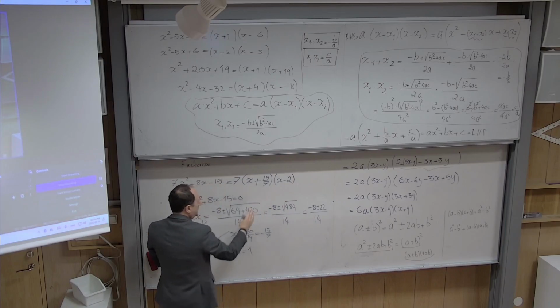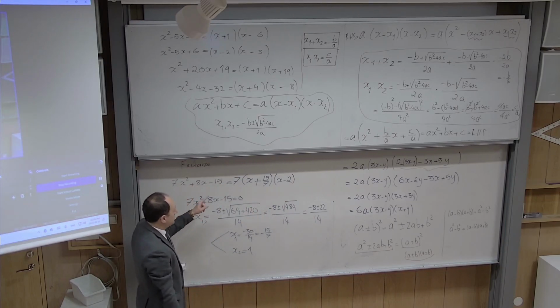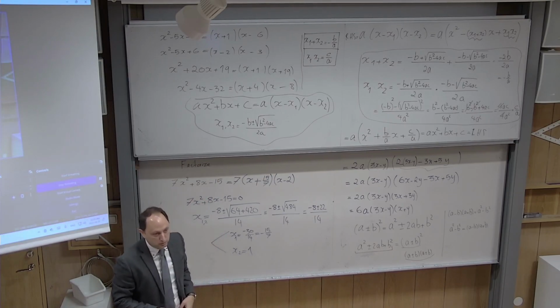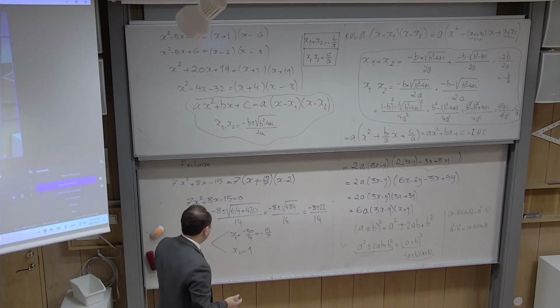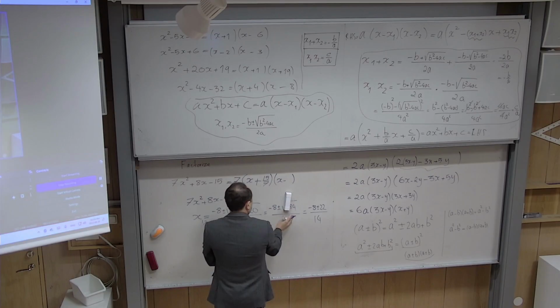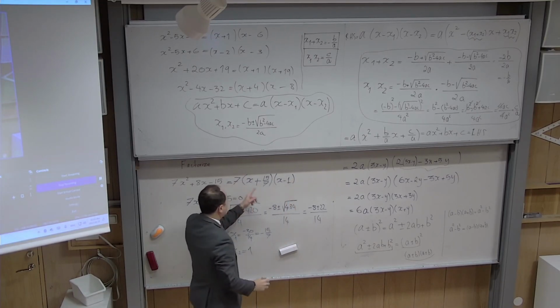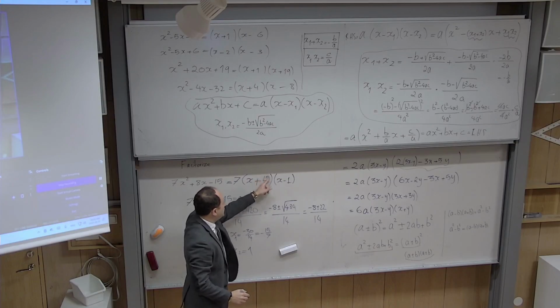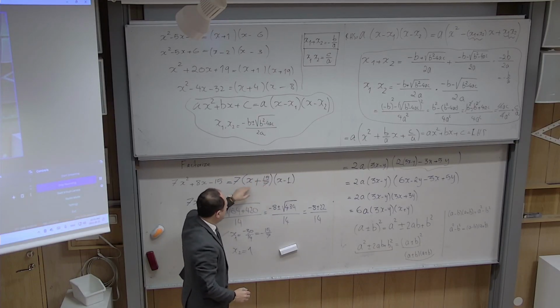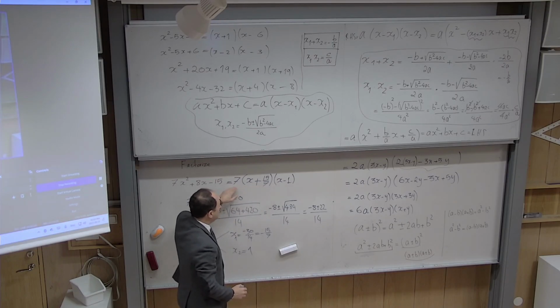If you stop here, it is not wrong, but you have factorized this on the domain of rational numbers, because 15 over 7 is not an integer. So this form of factorization is acceptable if you are working with rational numbers.